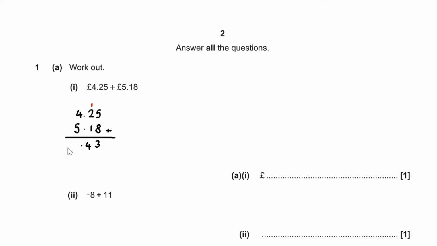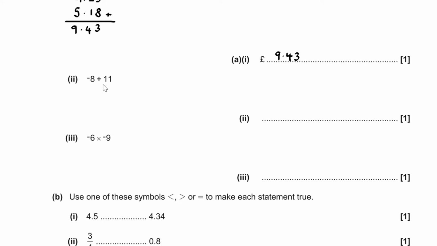Then we've got the decimal point, and 4 plus 5, that's 9, and therefore we have £9.43.